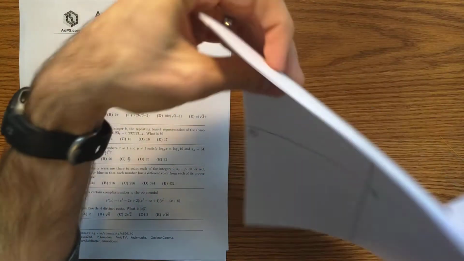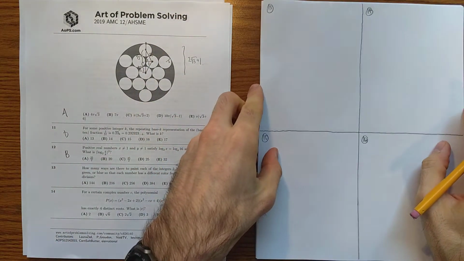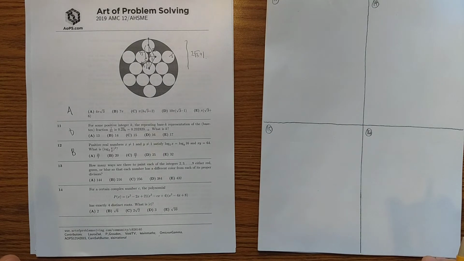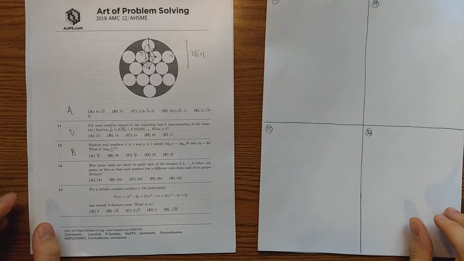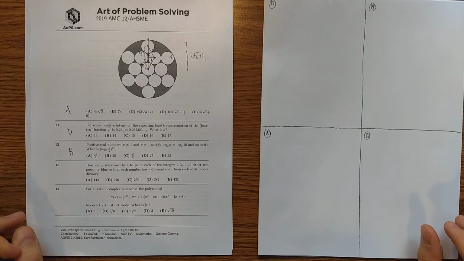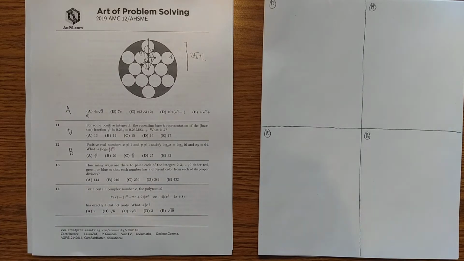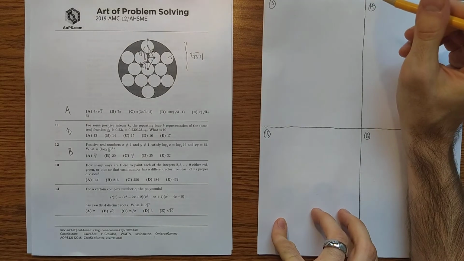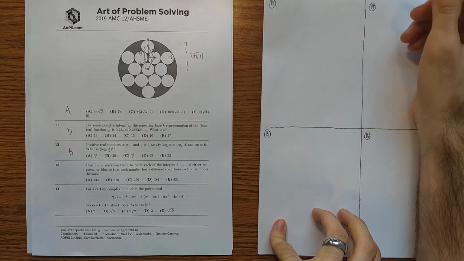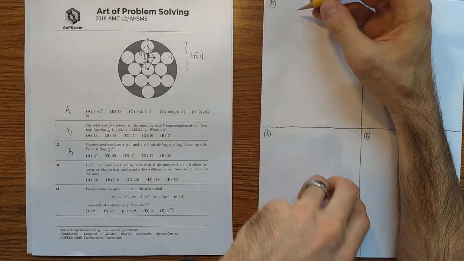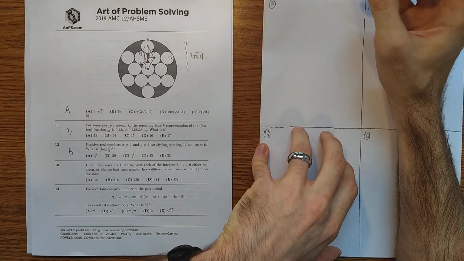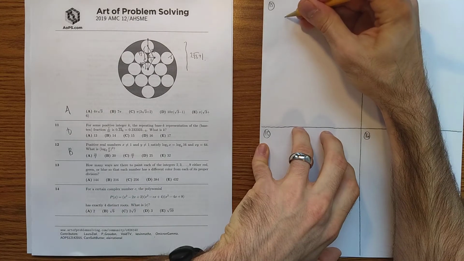13. How many ways are there to paint each of these integers 2 through 9 red, green, or blue such that each number has a different color from each of its proper divisors? Okay, 3 colors. Okay, proper divisors. That means, let's just start writing out the restrictions.